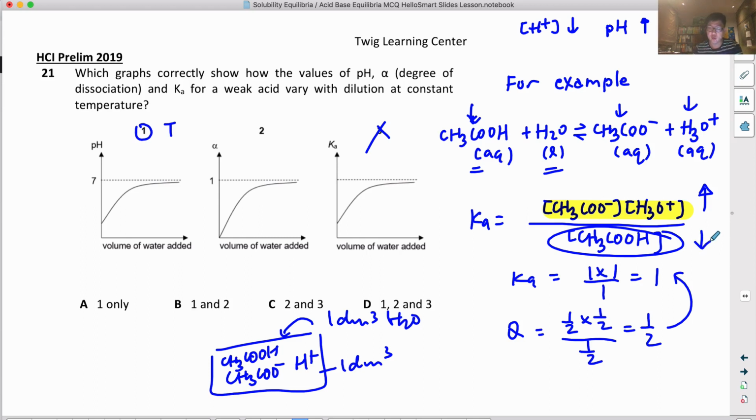For the numerator to increase, the equilibrium is shifting to the right-hand side. So when I dilute by adding water, the equilibrium shifts to the right, which means the degree of dissociation actually increases, until it becomes 1. So that's why this is actually correct. So the answer is 1 and 2.